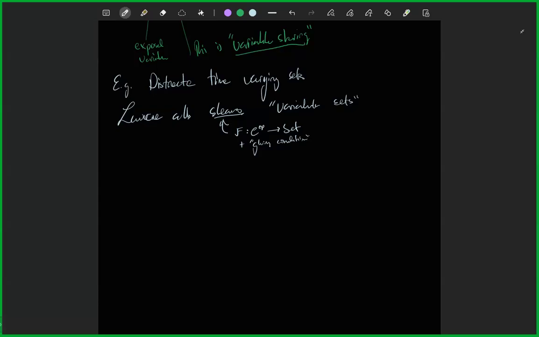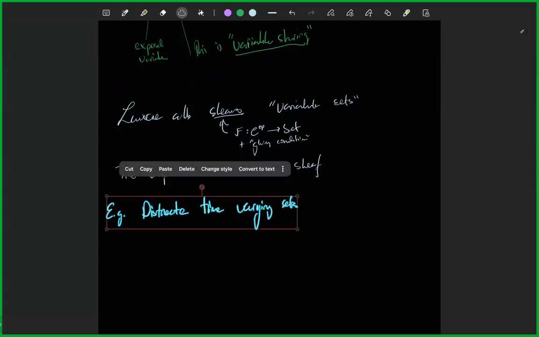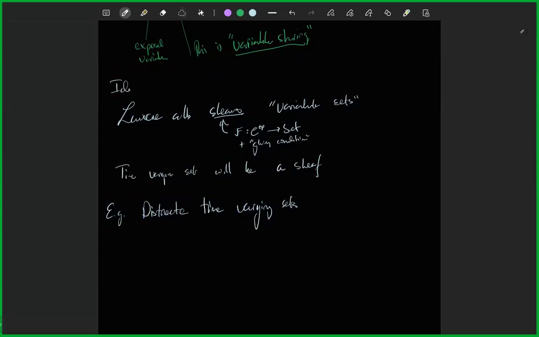And so what we're going to define is that, for us, a time varying set will be a sheaf. Maybe I'll say this is not quite. Let me move this down here.